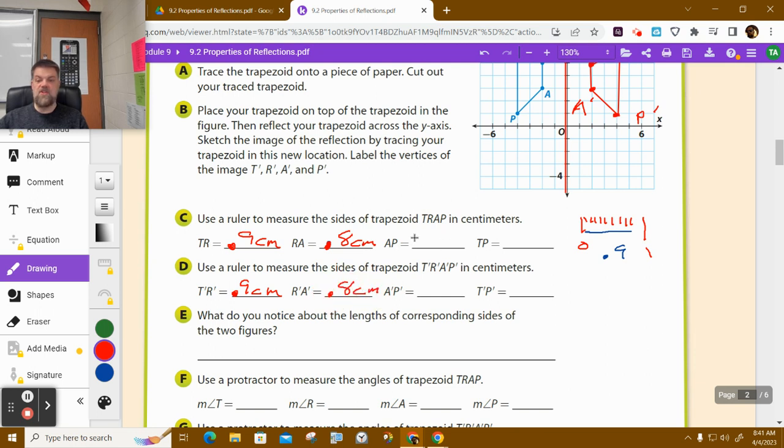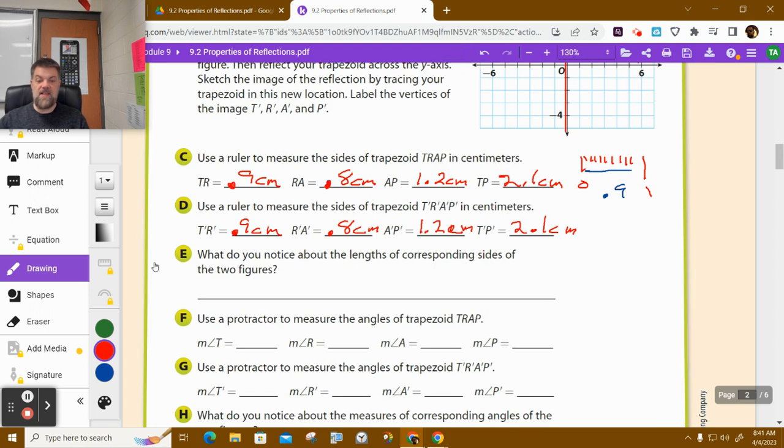What about AP? What did you guys get for the measurement on AP? 1.2 centimeters. What do you think A prime, P prime will be? 1.2 centimeters. So this is what we discussed, and we said they're the same, but now you're actually confirming it by measuring it. And so what we're finding is that the corresponding side lengths are congruent. They're the same length. So let's write that down.